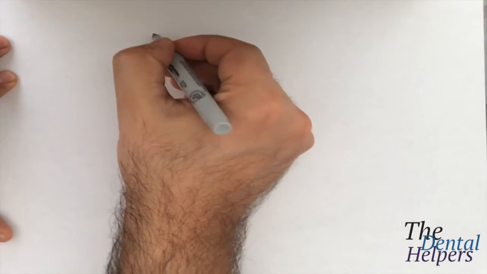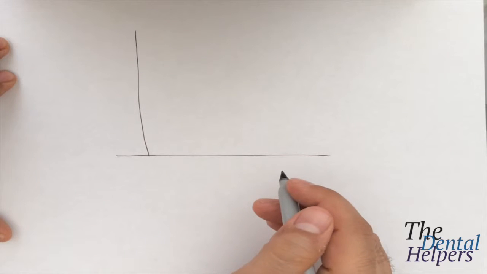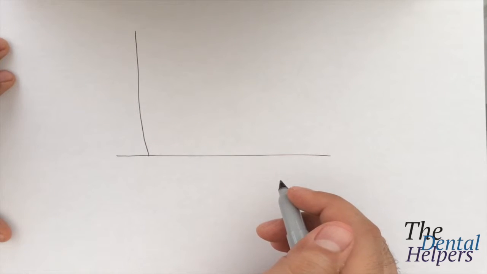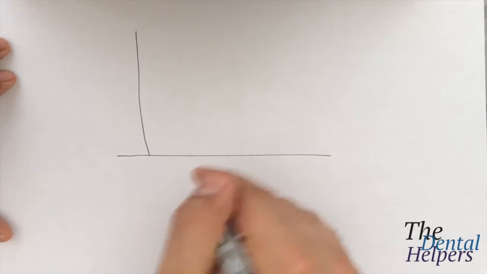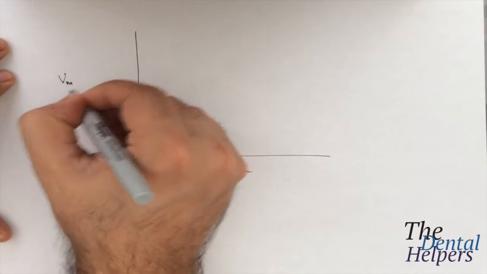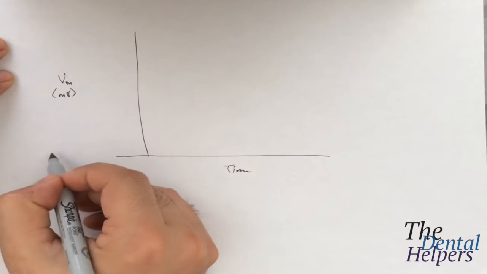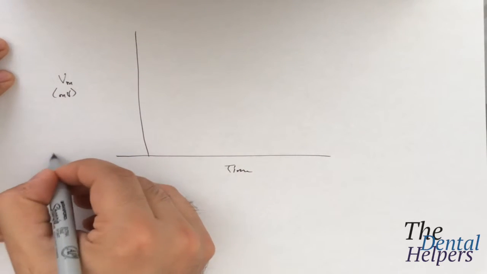So let's look at what it means for an action potential to occur. In the grand scheme, if we were to look at a chart conveying voltage potential versus time, we're going to look at voltage in millivolts, and we're going to look at potassium.